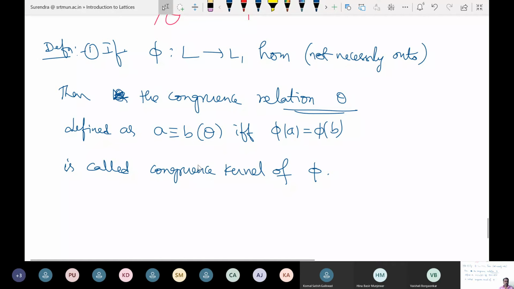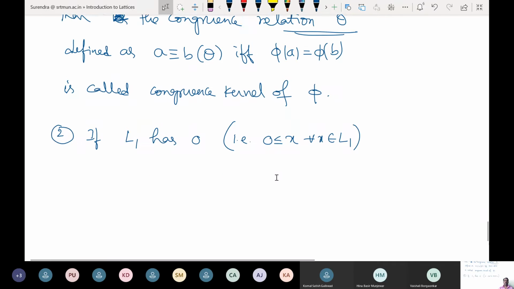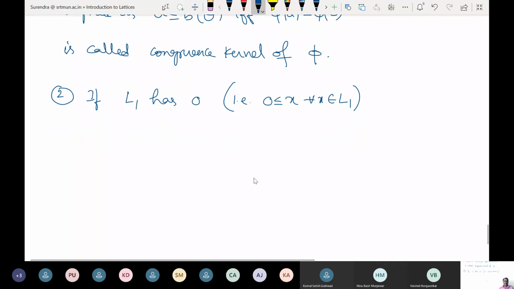Okay. Second one, if at all this L1 has 0, what is the meaning of saying that it has a 0 element? That is the smallest element, that is 0 is less than or equal to x for every x in L1. Okay. So if that lattice has 0, then you can talk about its phi inverse of 0.